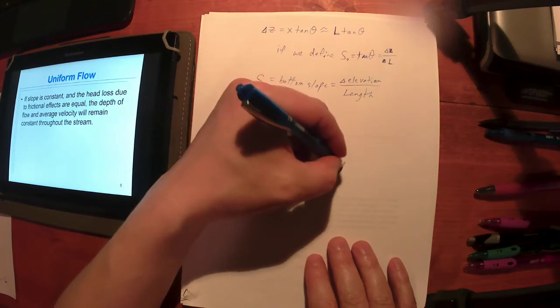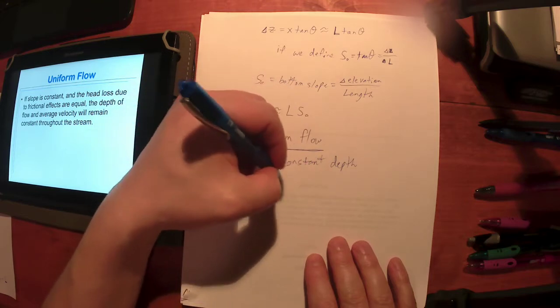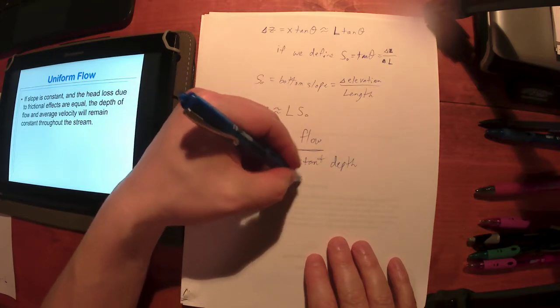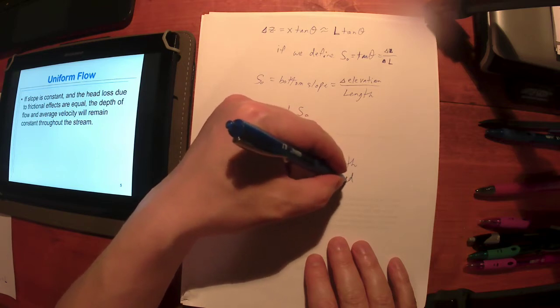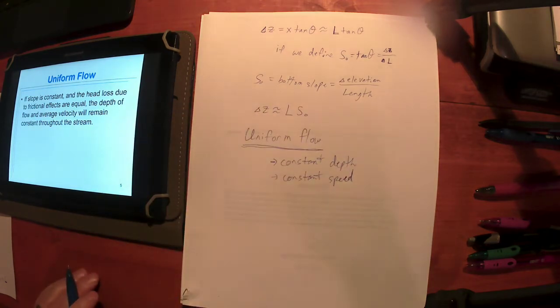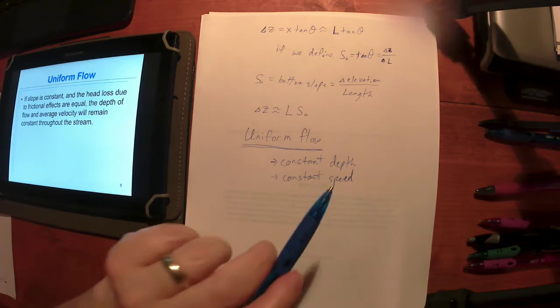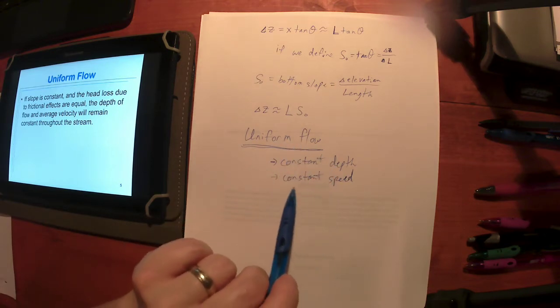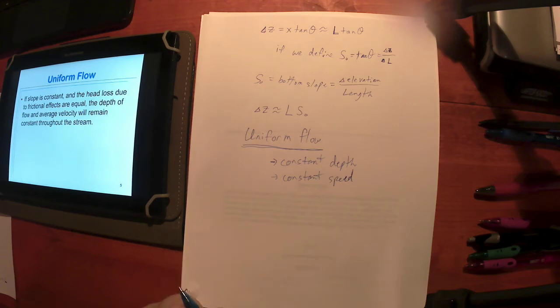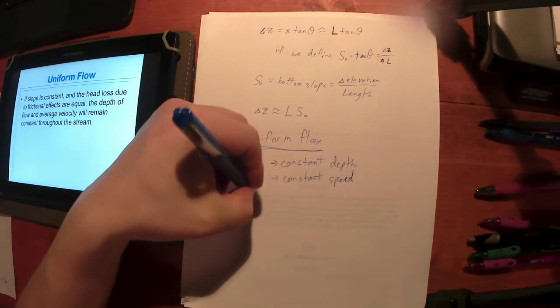Constant depth, constant speed. So if they tell you, and we'll see this more when we talk about the conservation of energy, that you can assume uniform flow, they're telling you you can assume constant depth and constant speed.